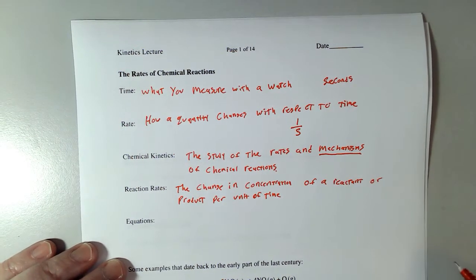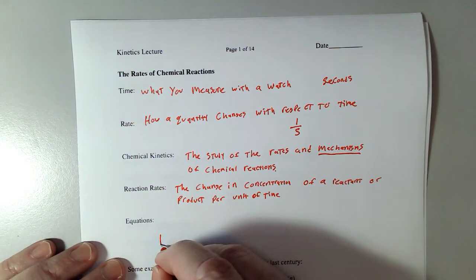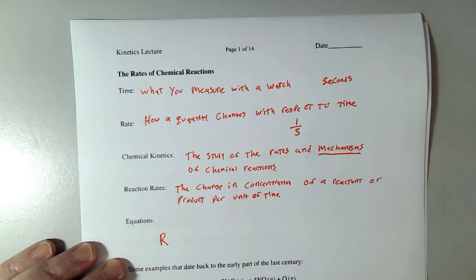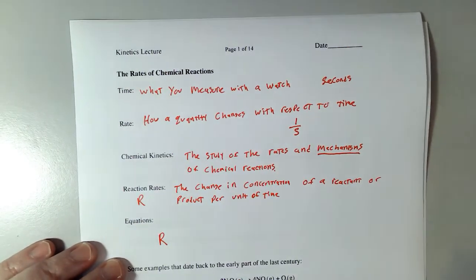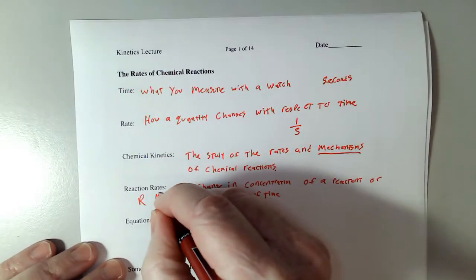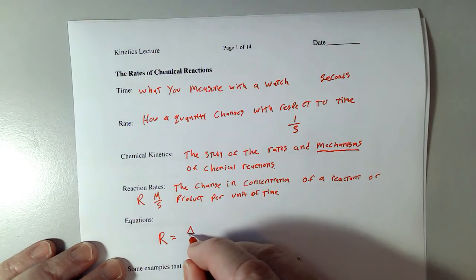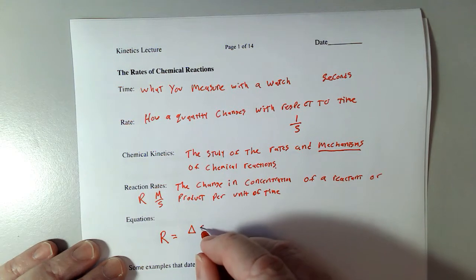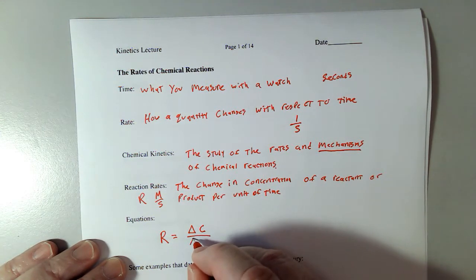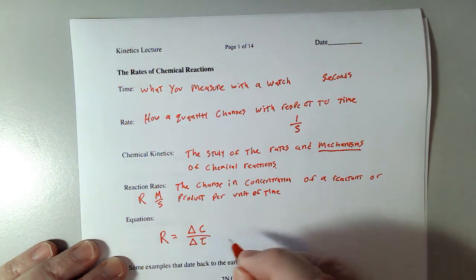Now what that looks like is that reaction rate, capital R, that's our symbol for reaction rate, by the way the units will be typically molar per second, will equal the change in the concentration of something divided by the change in time.